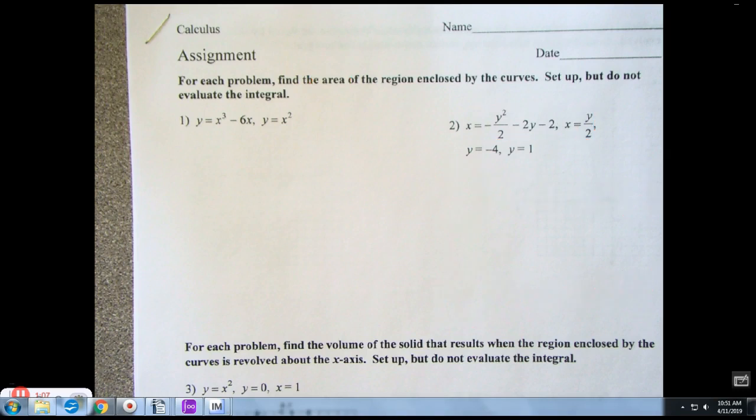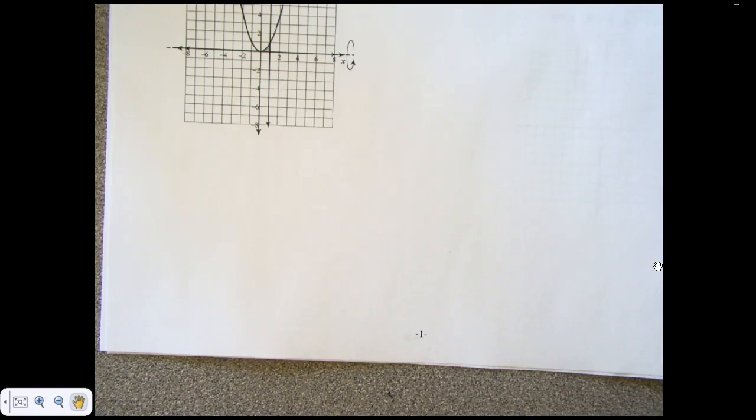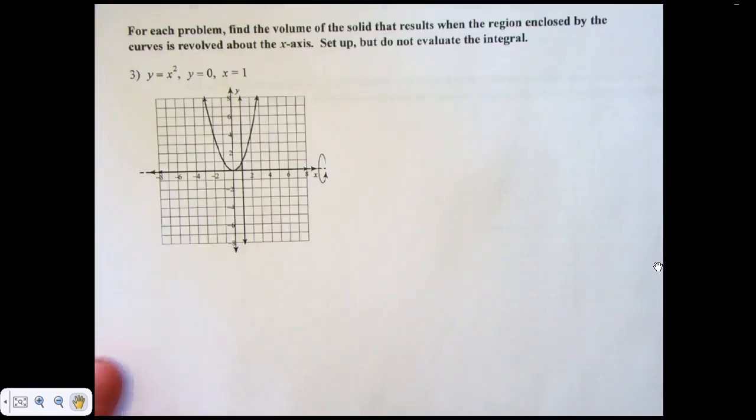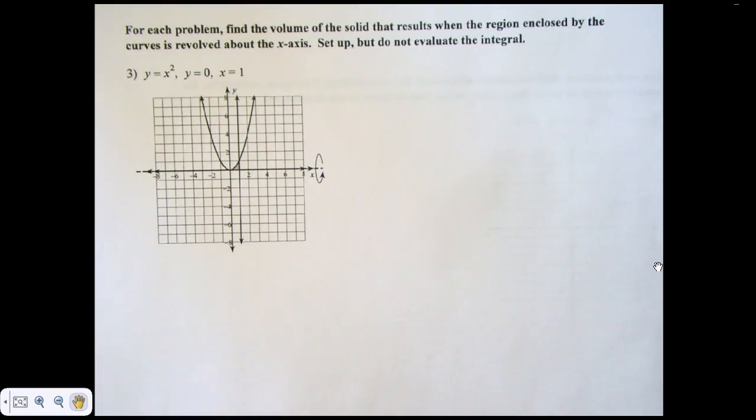So let's slide down. Look at number 3. Is that area, revolutions, or cross sections? That's your first job. So revolved about the x-axis, right?